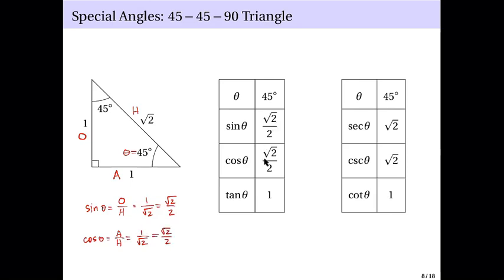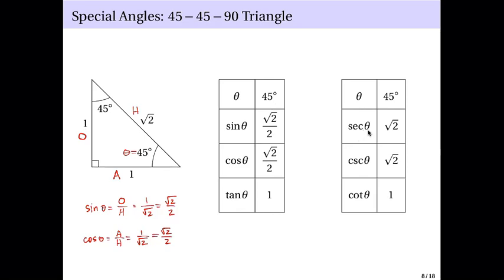For tangent theta, TOA, opposite over adjacent, that's just 1 over 1. So tangent 45 degrees is 1. Again, sine of 45 degrees is square root of 2 over 2, and cosine of 45 degrees is again square root of 2 over 2.